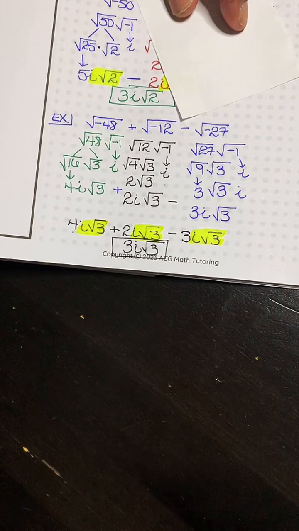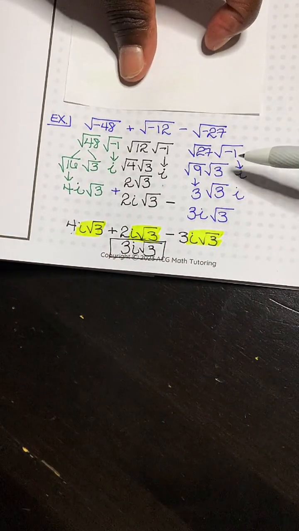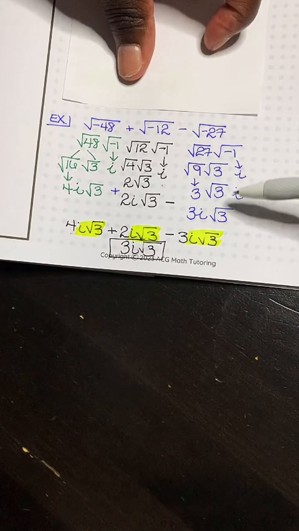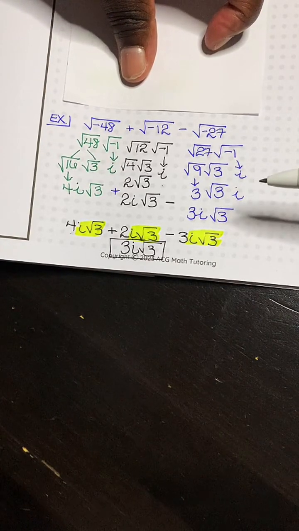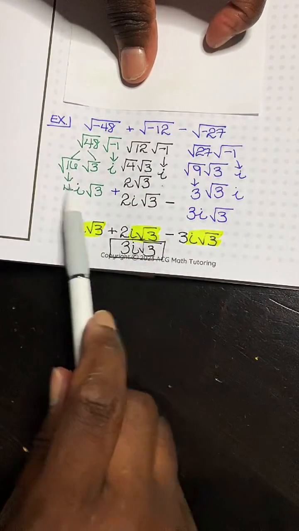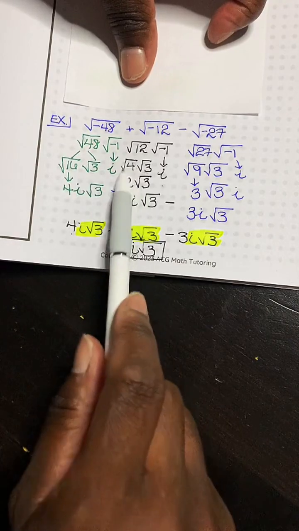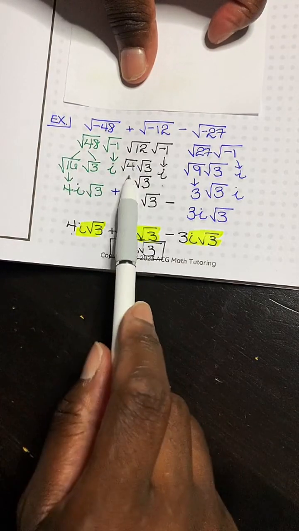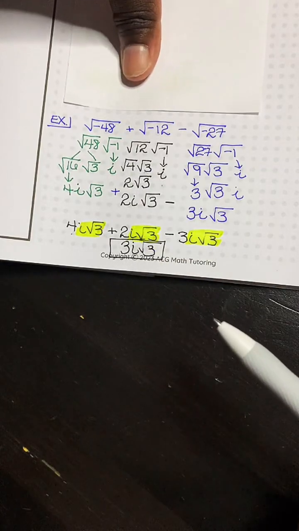Okay? And here's my thing, guys. Eventually, a lot of this stuff can be summed up once you feel confident in it, and that's up to you when you feel confident in it. So you can probably say, all right, once I see the breakdown of 48, after a while you'll get to know the breakdown of 12, square root of 12, because they use square root of 12 a lot in math.